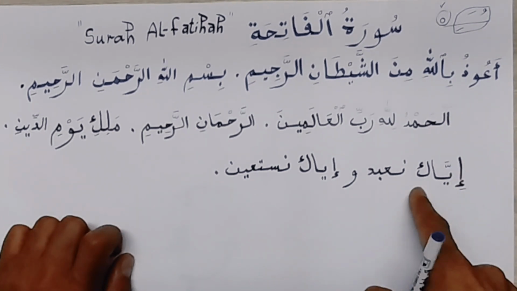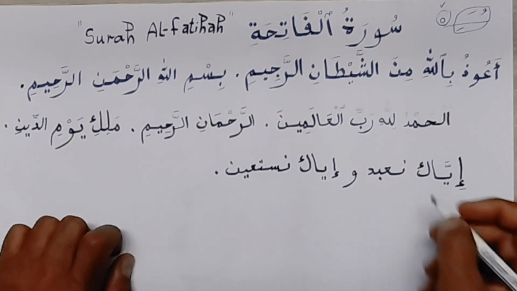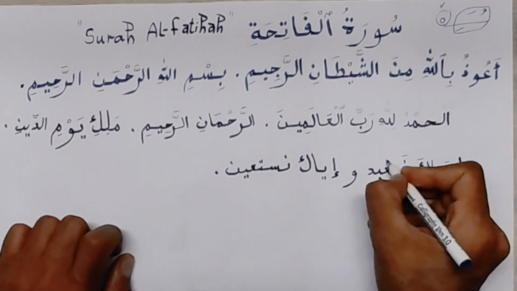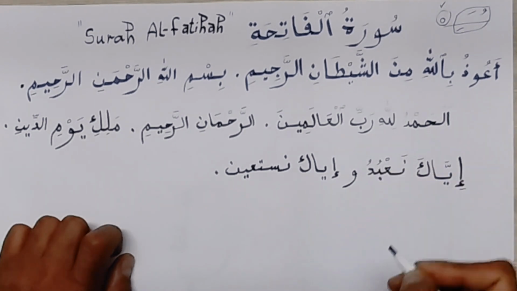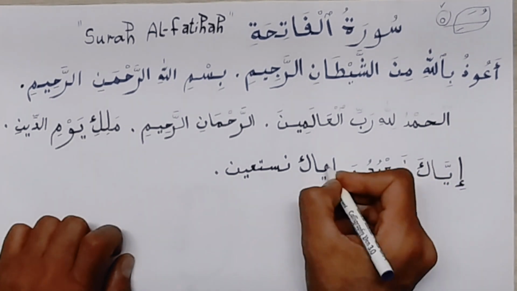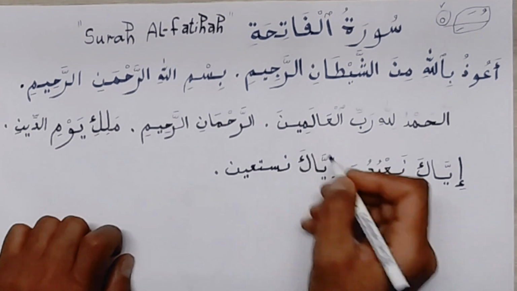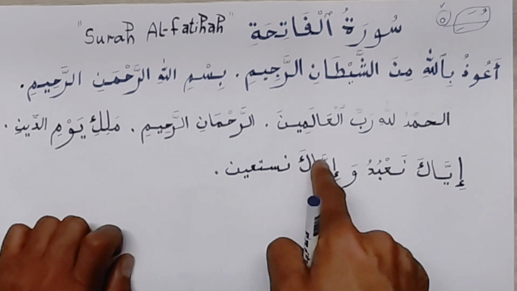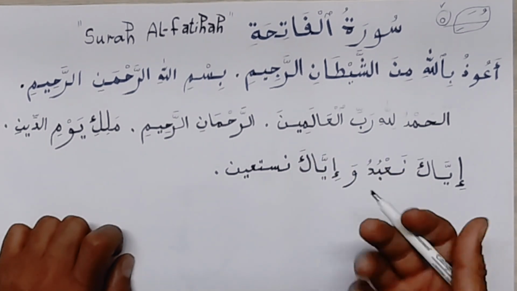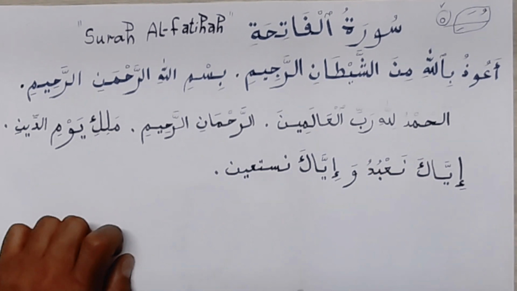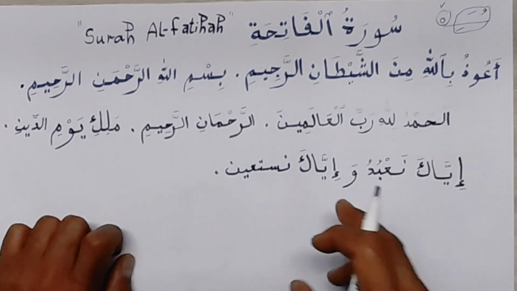So we don't say إياك, we say إياك with shadda. إياك نعبد وإياك. Because if we say إيا without shadda, that means الشمس, the sun, that gives light in the sky.